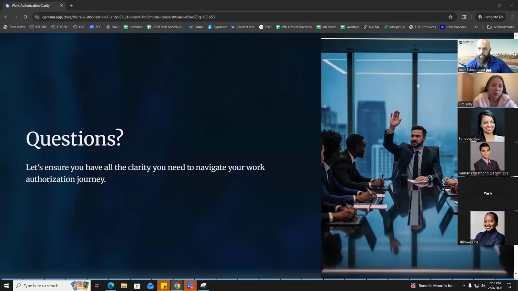USCIS is not fond of staffing agencies. So if at all possible, get the information for the company where you'll physically be doing your work. If it's not possible, you can still apply, but I would keep looking for more permanent positions also. So if the company that I'm working for does not complete that form, I can still use the supervisor from my staffing agency. Yes, correct.